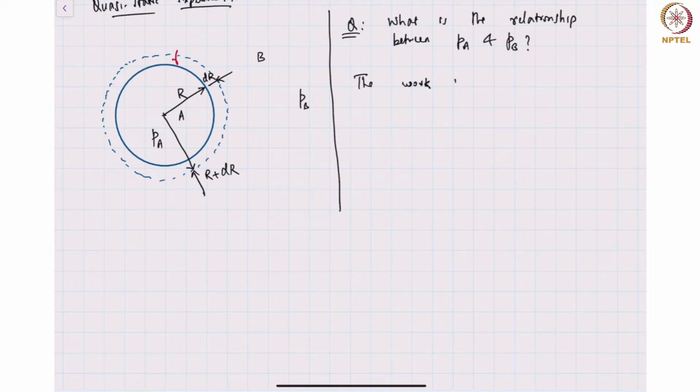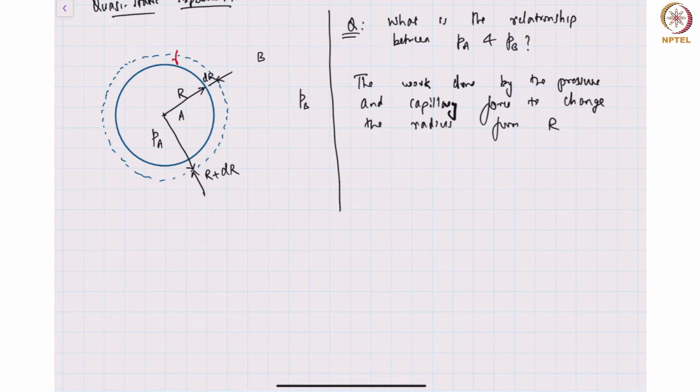The work done by the pressure and capillary force to change the radius from r to r plus dr. Let's write down what this work done is.